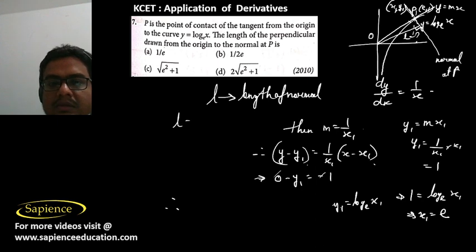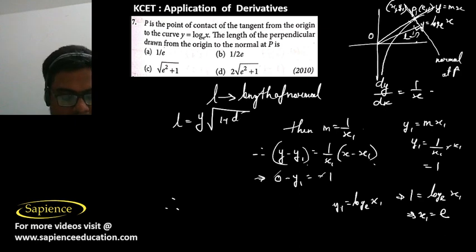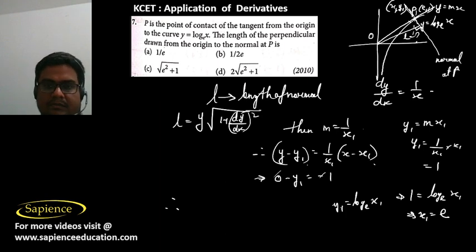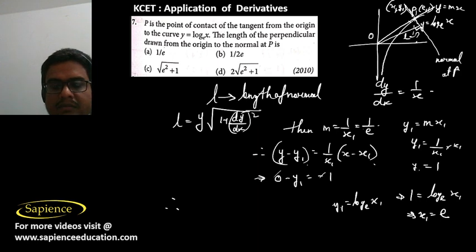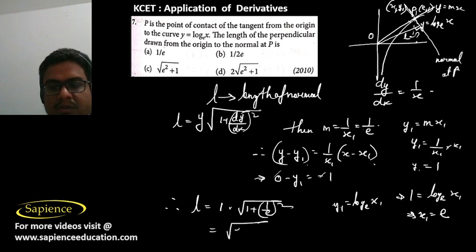And that length of the normal is given as y into square root of 1 plus dy by dx whole square. Here dy by dx, that is m, that is 1 by e, and y is 1. Therefore length of the normal, that is 1 into root over 1 plus 1 by e whole square. This is root of e square plus 1.